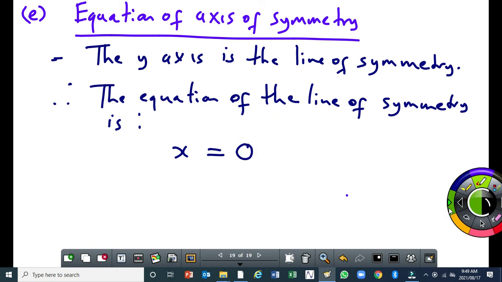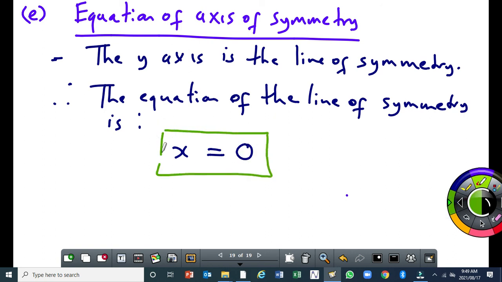This is very important. X equal to 0 is the equation of the y-axis. And the reverse will be the equation of the x-axis. So the equation of the x-axis is y equal to 0. So this is the equation of the line of symmetry. This is the y-axis.